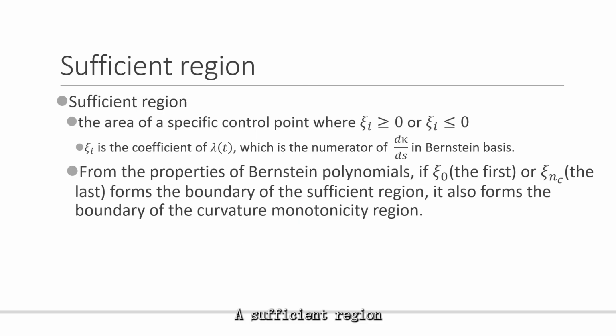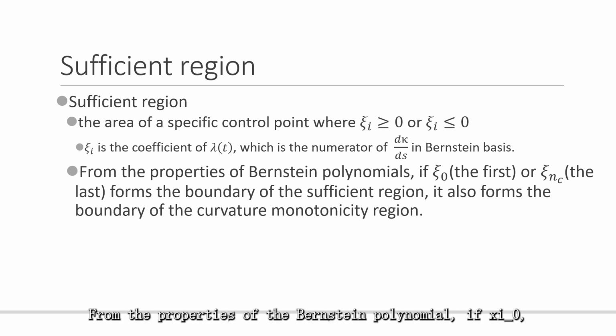A sufficient region is the area associated with a specific control point where Ci is either greater than or equal to 0 or less than or equal to 0. Ci is the coefficient of lambda of t, which is the numerator of d kappa over ds in the Bernstein basis.